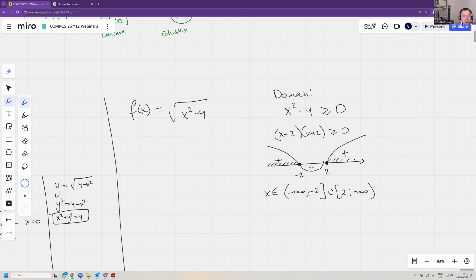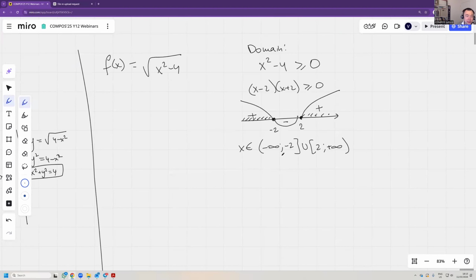And then, the minimum value, you just look at x squared minus 4. It first of all has to be greater than or equal to 0, right?